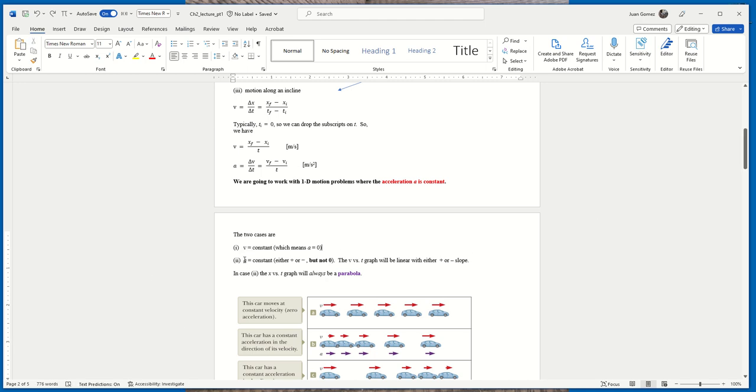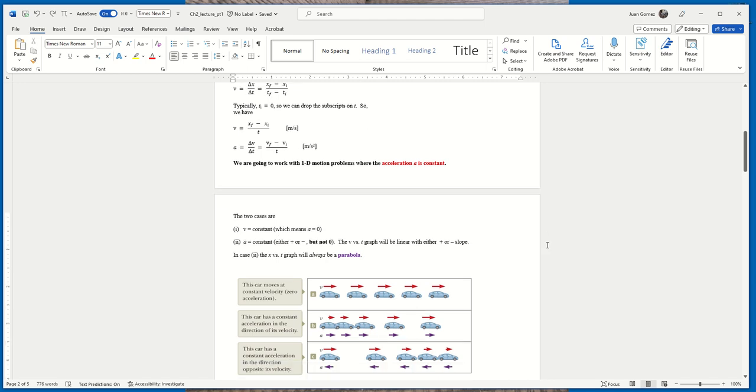Now, a could be a constant, either a positive or negative value, but not 0. In that case, the velocity versus time graph will be linear, and the slope will either be positive or negative. In other words, the acceleration is constant, but not 0. So it could either be a constant positive value or a constant negative value.